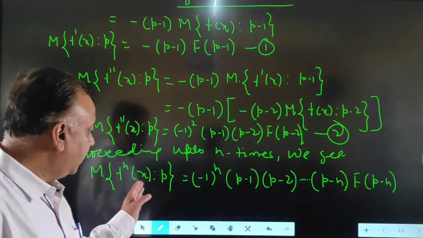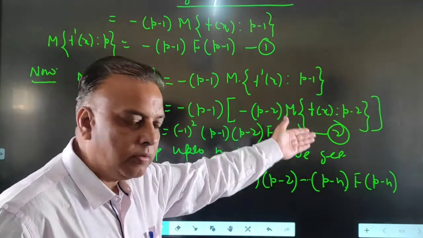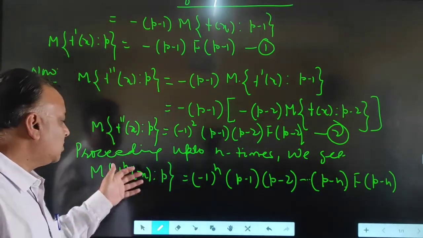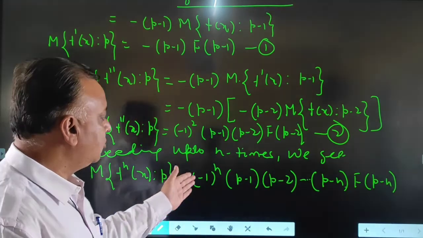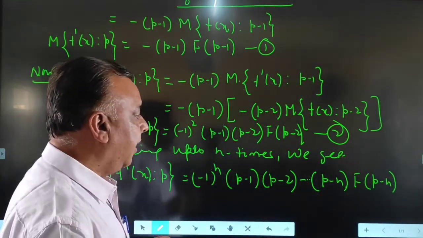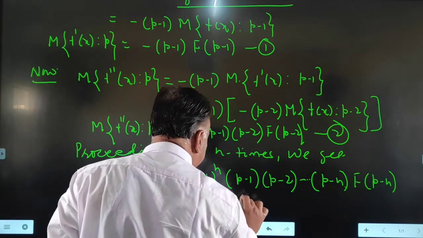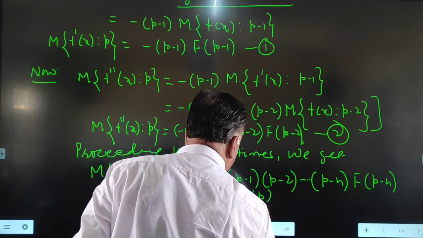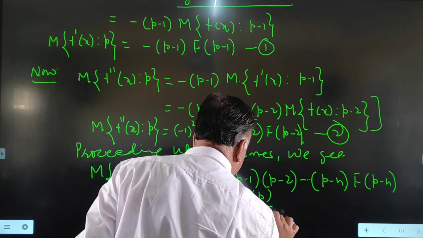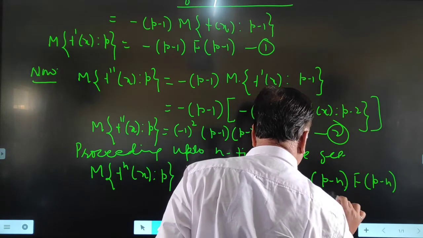If we proceed up to n times, as we have done in equations 1 and 2, we get the Mellin transform of f^n(x) with respect to p equal to (minus 1) raised to n (p minus 1)(p minus 2) up to (p minus n) F(p minus n), and we can write it as (minus 1) raised to n gamma of p upon gamma of p minus n, F(p minus n).